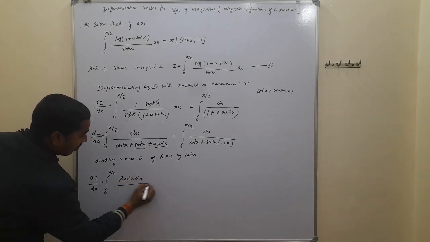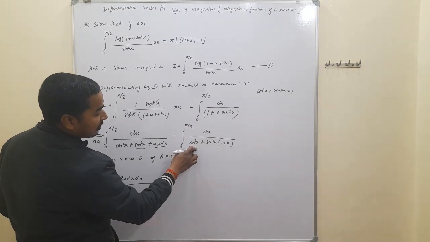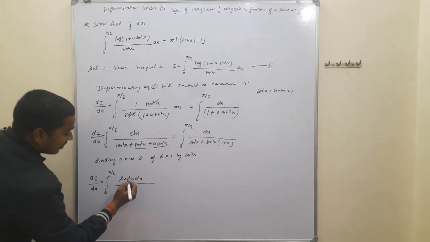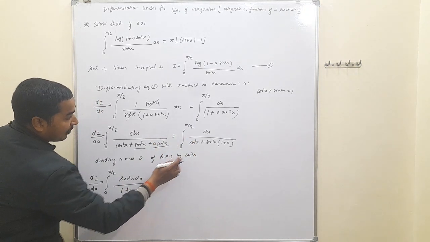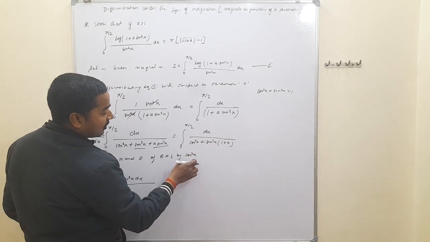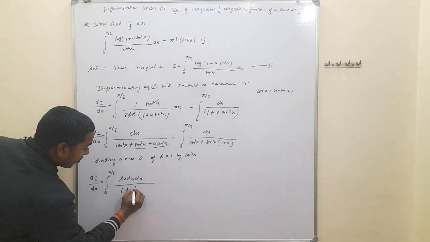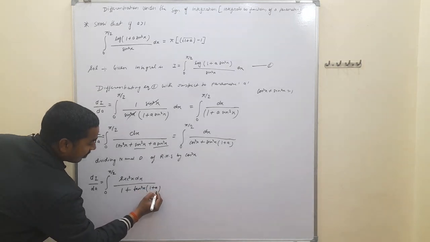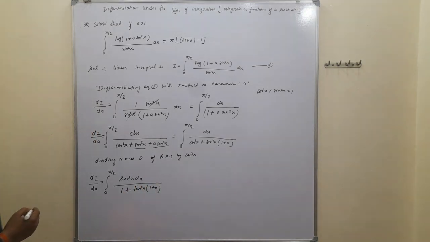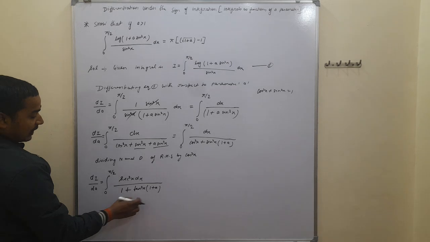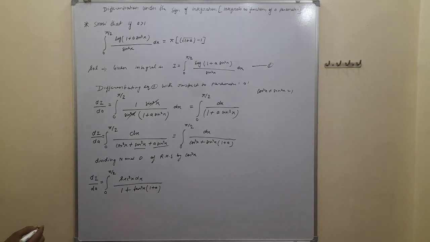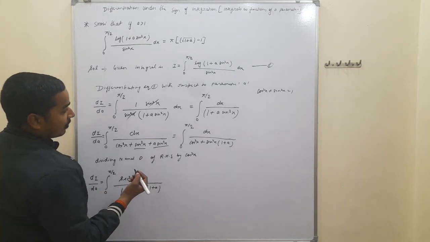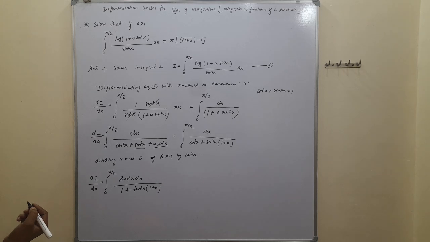dx upon, and here cos square x divided by cos square x is 1, and sin square x divided by cos square x is tan square x, times (1 plus a). Further we take common from the denominator 1 plus a, once again.